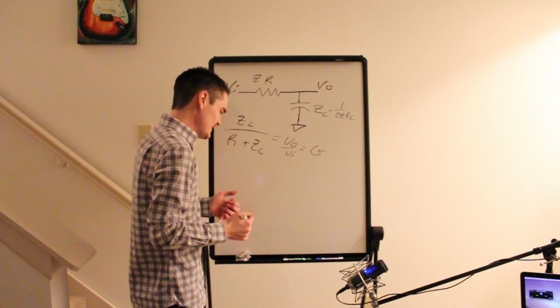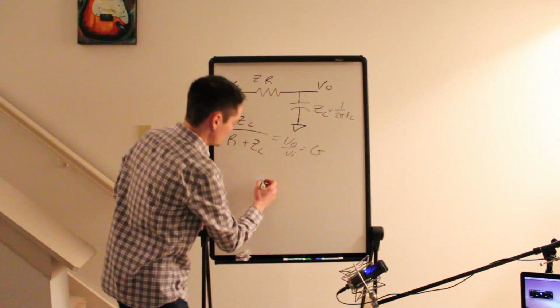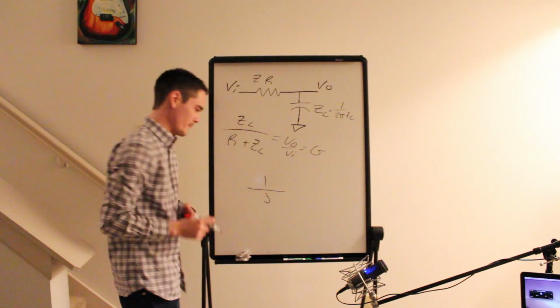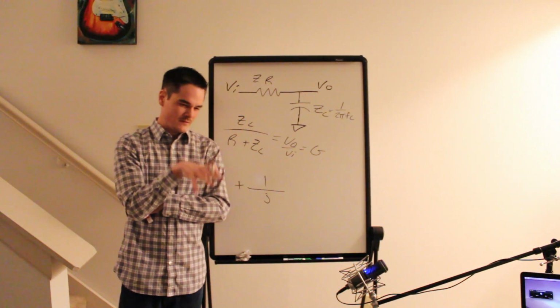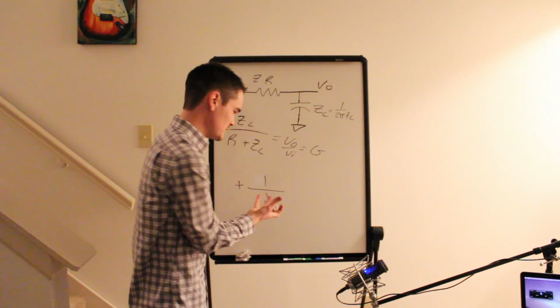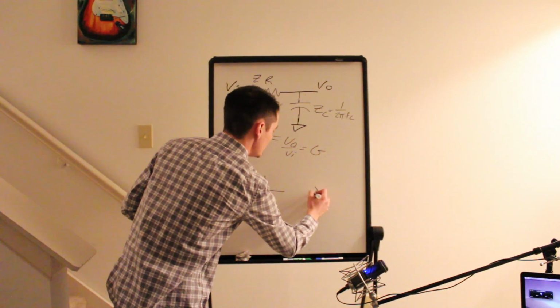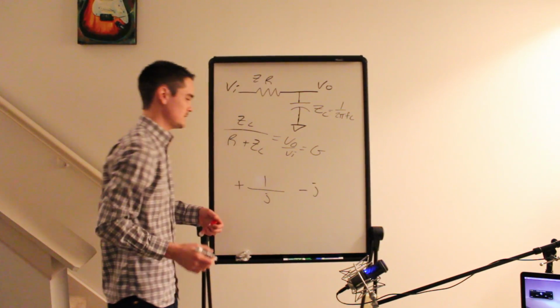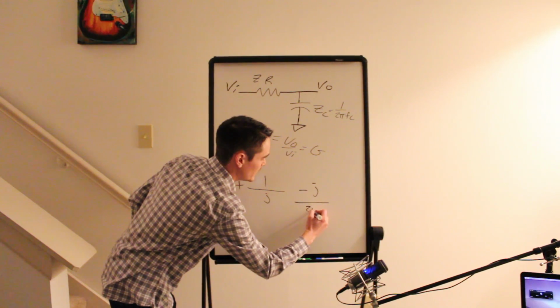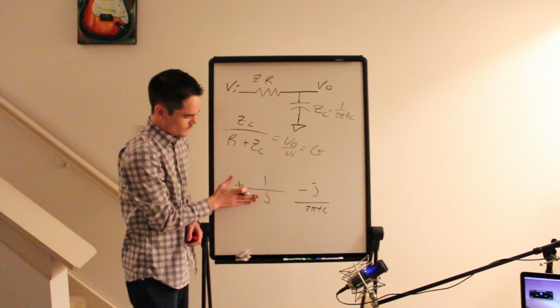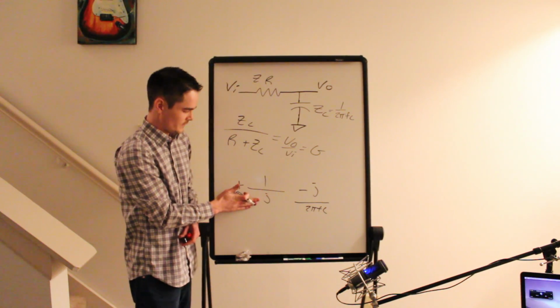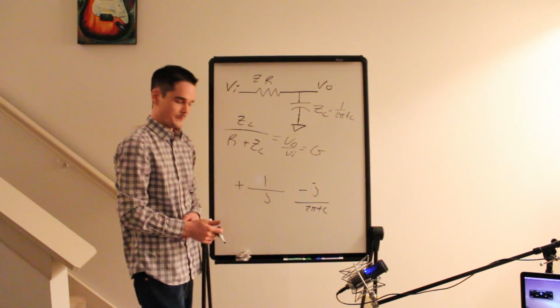Sometimes you're going to see the j in the denominator, and it'll be a positive number. And this always confused me, because sometimes you would see the j written like that, and then the 2 pi fc down here. So it's like, why is it positive when it's down there and it's negative when it's up there?